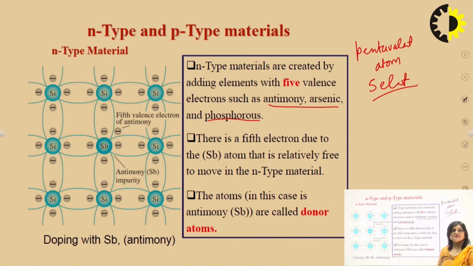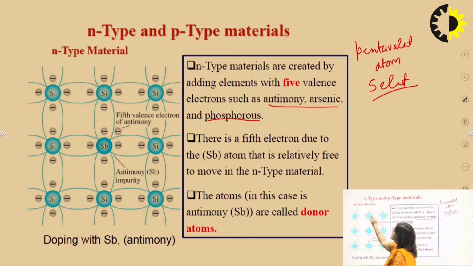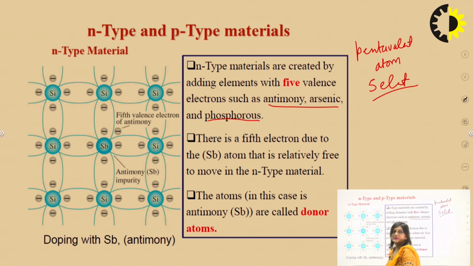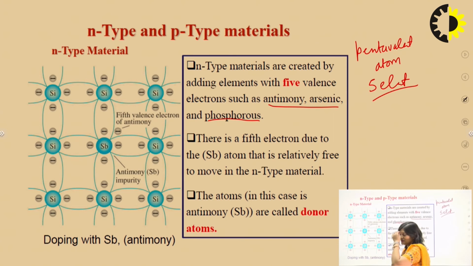So these atoms are doped in the silicon atom or germanium atom. And we know silicon has 4 electrons in its outermost orbit and antimony has 5 electrons in its outermost orbit. So we can take this antimony, and here silicon is there.